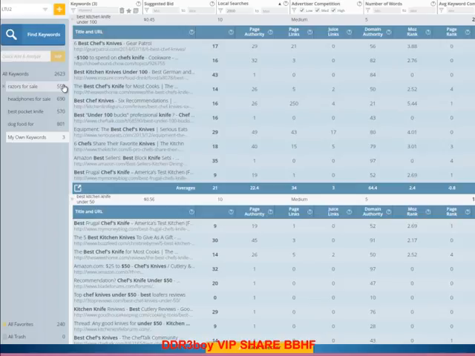Even though it only has local searches of 10, and I do want to see higher potentially, I would much sooner write an article on best kitchen knife under $100 that only gets searched for 10 times per month than some of these other keywords like primal dog food. Even though it gets searched for a lot, I'm not going to rank for it. So it's much better to go after low competition, even if it's low volume keywords, than it is to go after higher competition with higher volume.